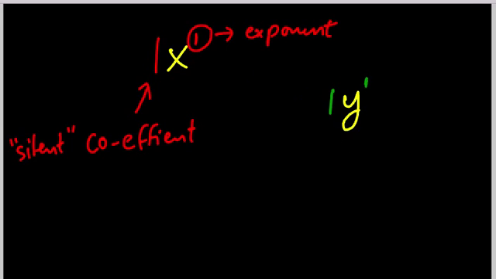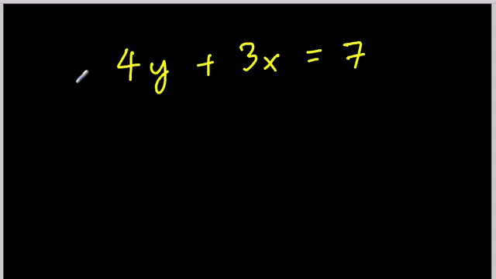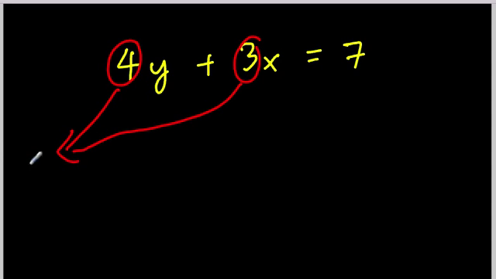So let's go over one last thing. Say, for example, I have 4y plus 3x equals 7. Can you identify all these things? Hopefully you've been able to identify that the 4 and the 3 are coefficients. 4 is a coefficient for y, 3 is a coefficient for x.